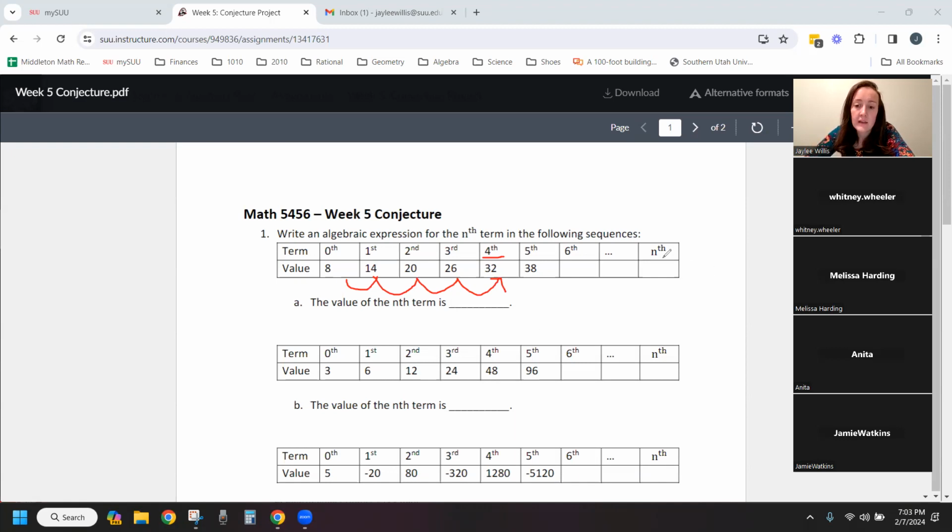In order to get to the nth term, you would add 6 however many times n is. Does that make sense or no? I'm not really seeing any responses in the chat.